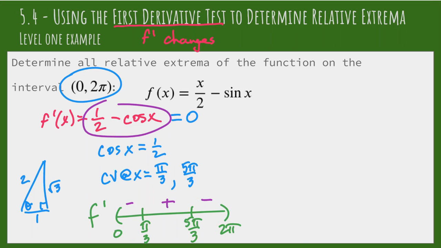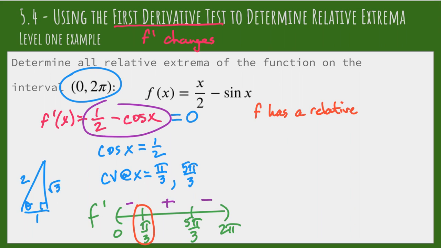What we want to know is where the derivative changes signs, what kind of relative extreme are we going to get? So I'm going to start with pi over 3 here, and I'm going to write out my answer. F has a relative. So the derivative does change signs there, so we do have an extreme.